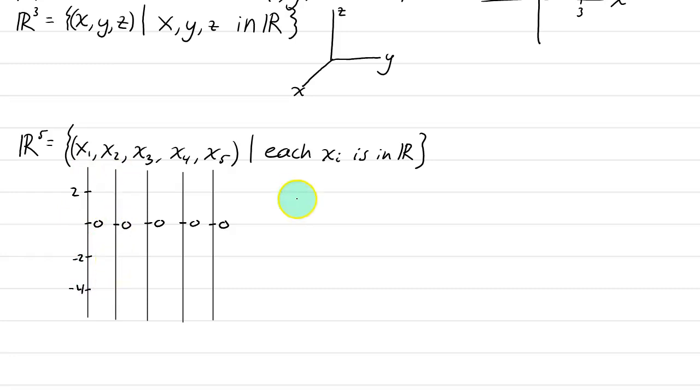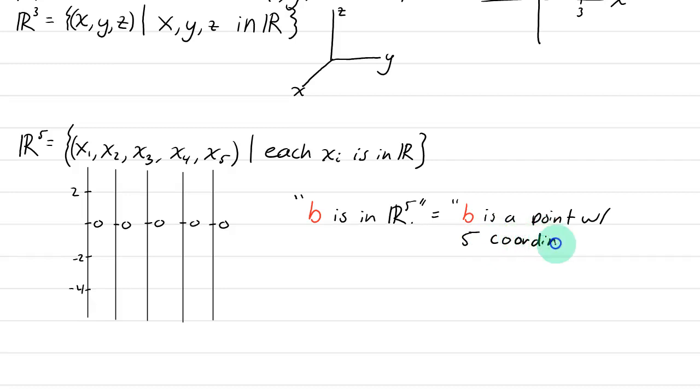Now, a common kind of sentence that comes up in linear algebra is something like, b is in R5. What that really means is that's just a shorthand way of saying that b is a point with 5 coordinates, specifically real number coordinates.